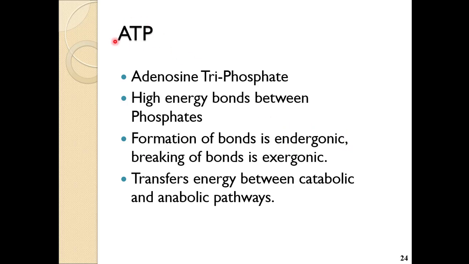So if you think of this formation of bonds, in our case at least, we're going from ADP, which is a lower energy state molecule, and we're putting in energy to make ATP.